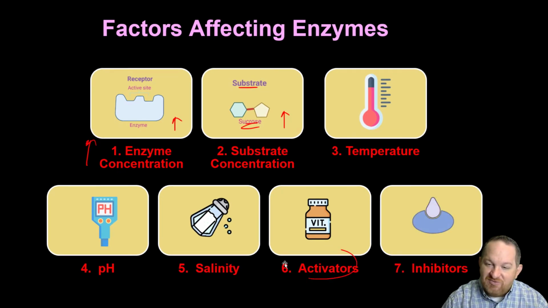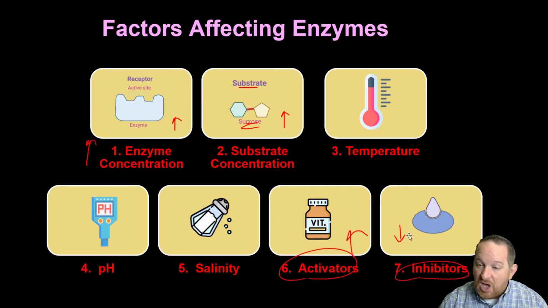Activators, such as vitamins, can actually activate enzymes. Inhibitors, some poisons and toxins, can actually inhibit the enzyme from doing its work. So what I want to do in the next few minutes is go through each of these and explain how they work. But these 7 factors affect enzyme functioning.